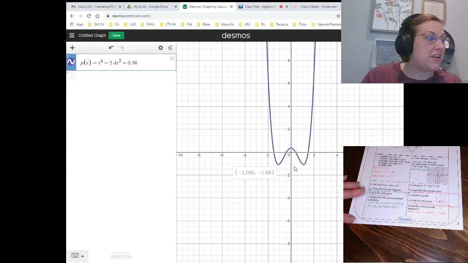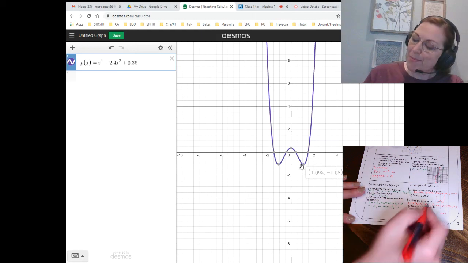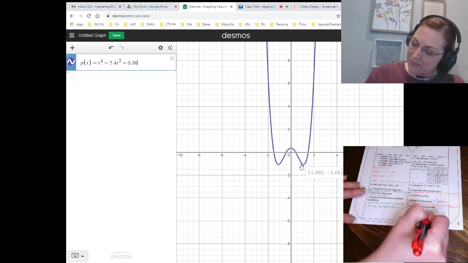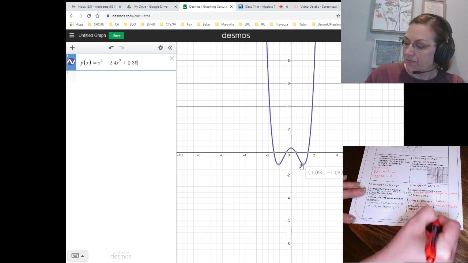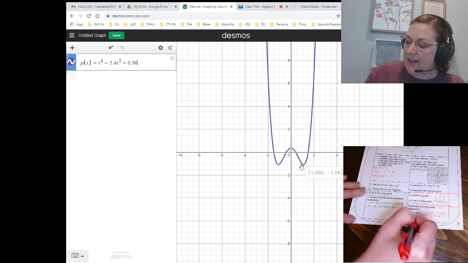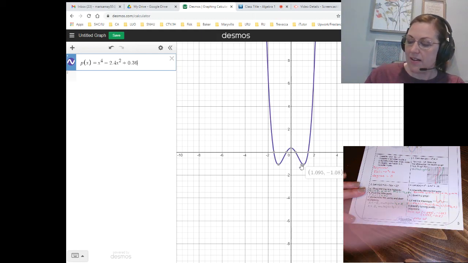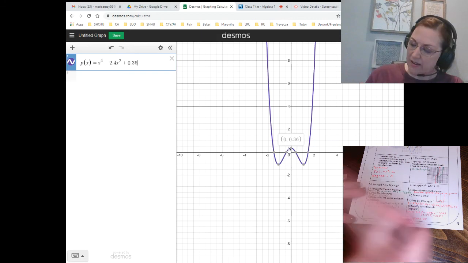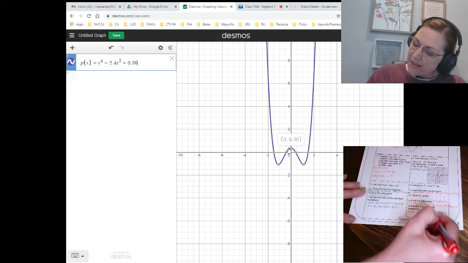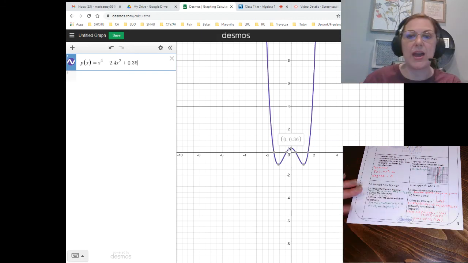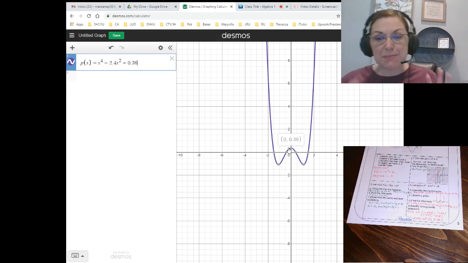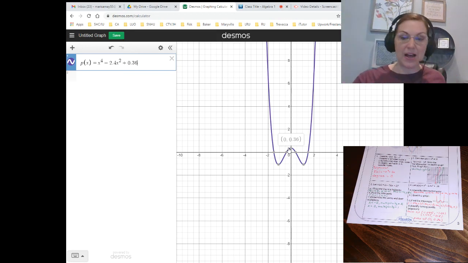I have another minimum over here at the positive of those. And then we have a max at 0 and then 0.36.